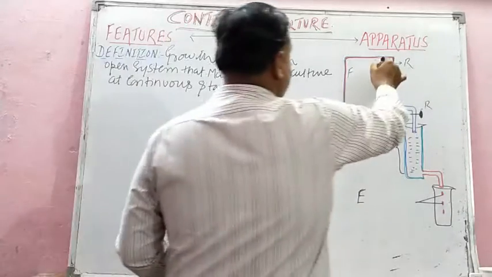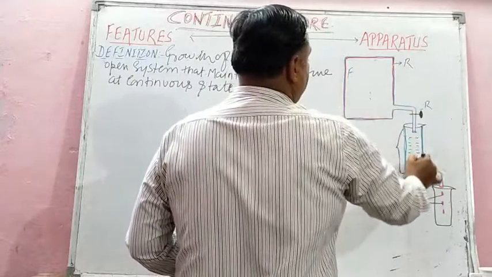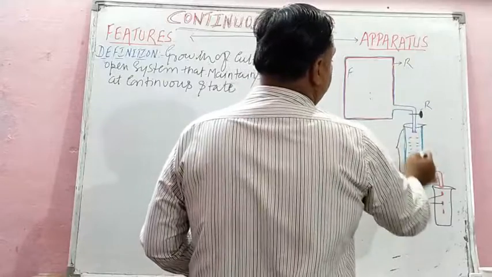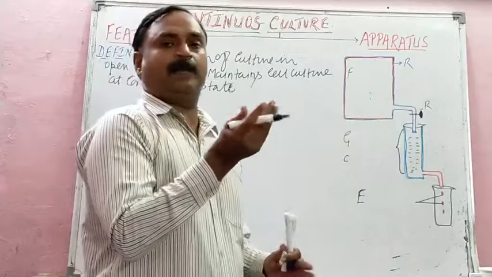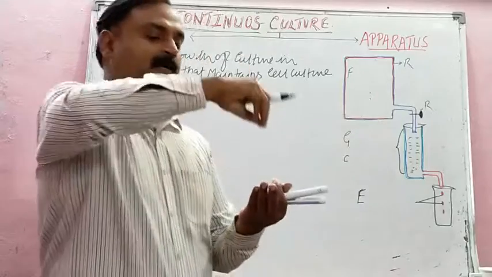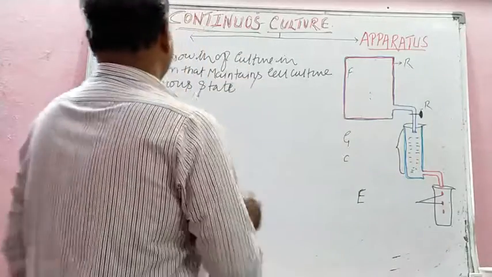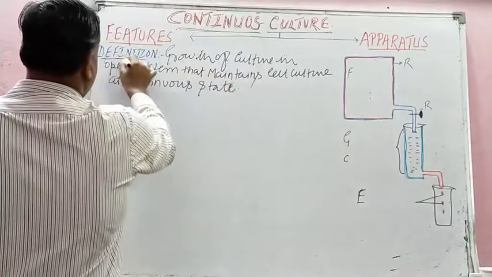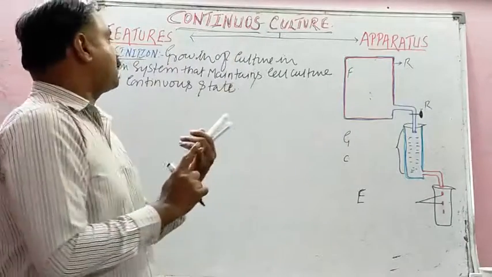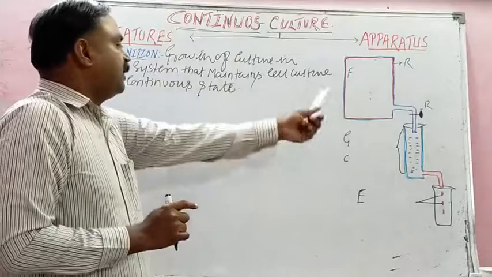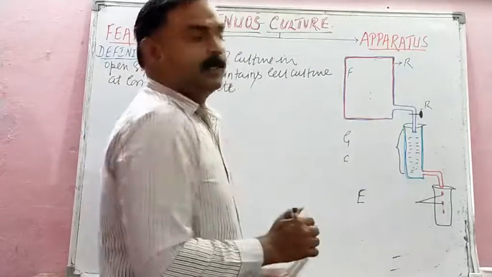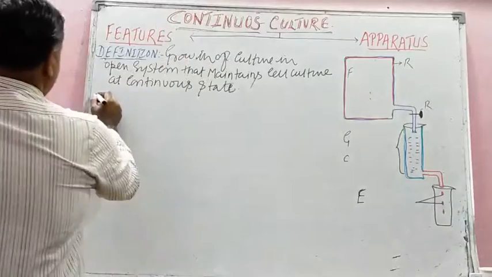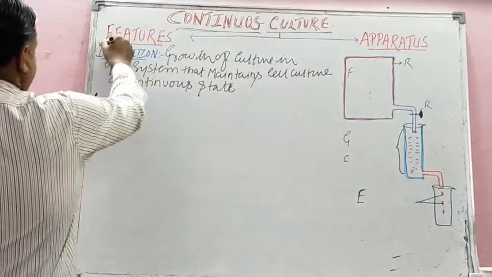Continuous state means there is continuous addition of media, isn't it? In the last one, batch culture, the media was added in the beginning. So this is the definition. Clear? What is the definition of continuous culture? Growth of culture in an open system that maintains cell culture at a continuous state. Now what is the second feature? First feature is definition itself.